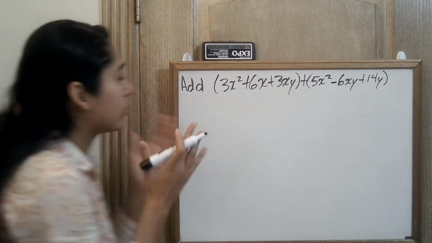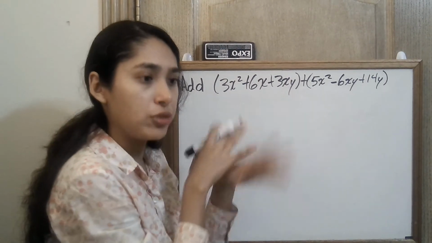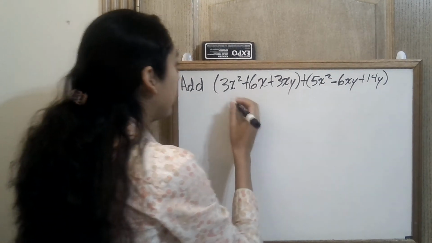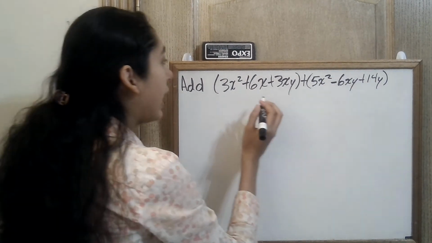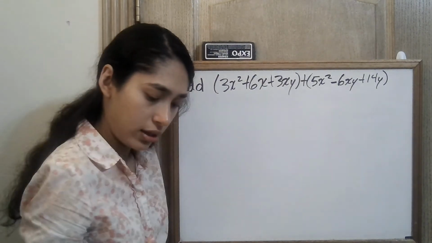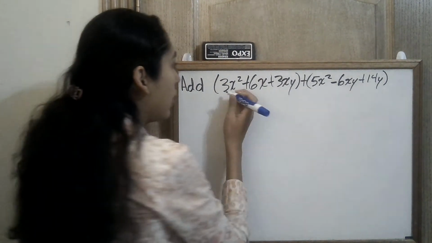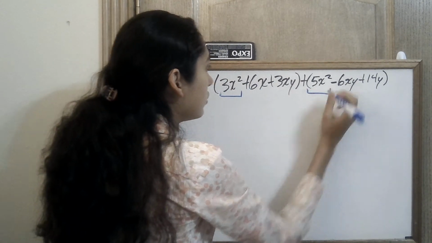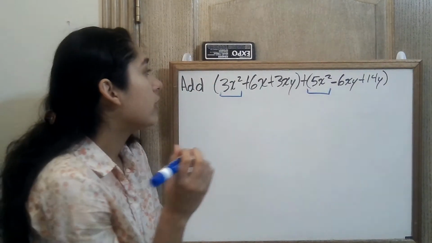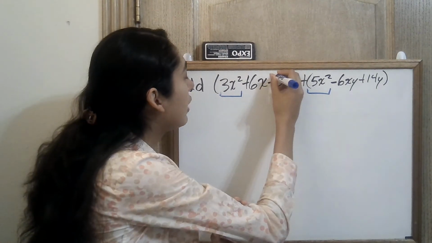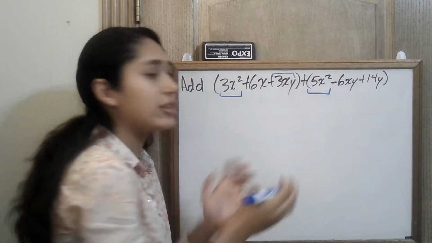So let's just look at our like terms. We're adding, there's no negative, we don't have to distribute anything. We just start immediately combining. And look, we have x squared as a variable. We also have xy as a variable. And I'm just using arbitrary things to match.